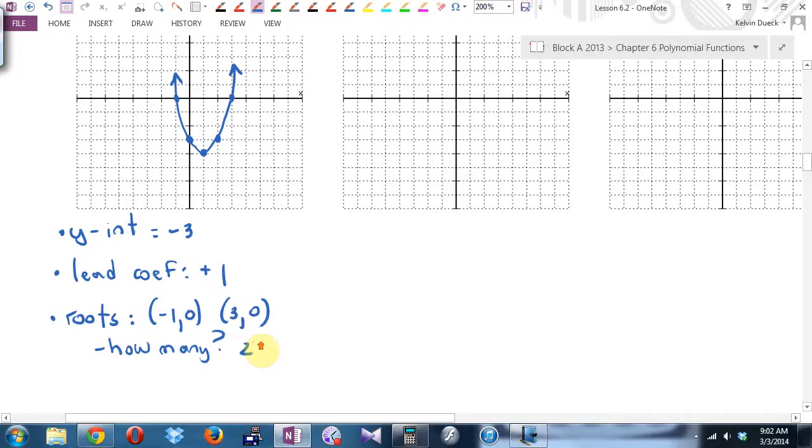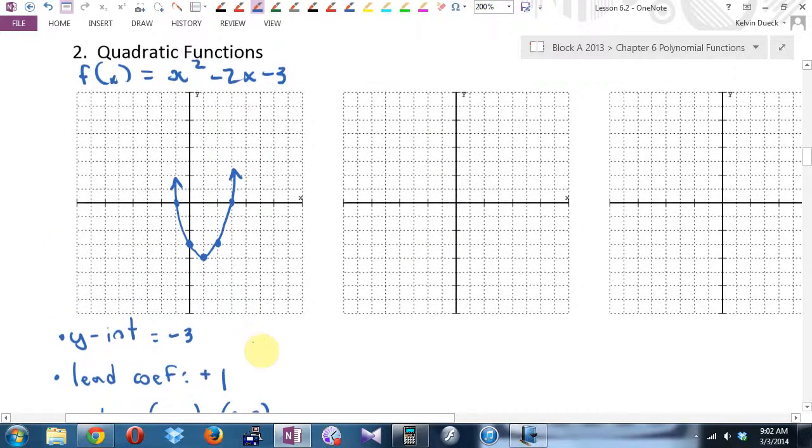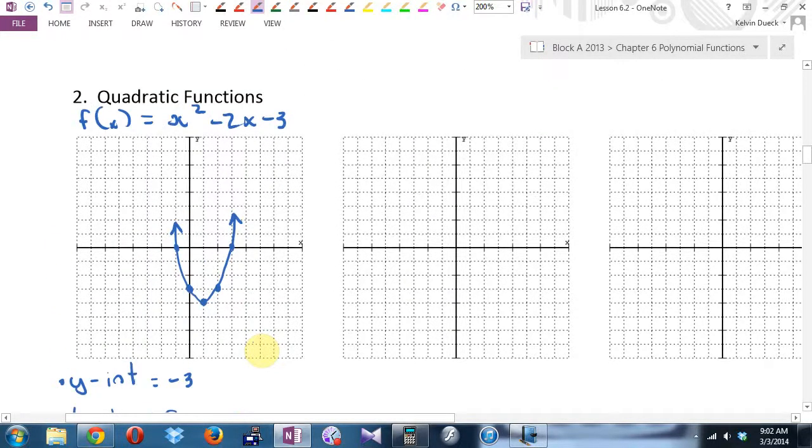By the way, we're going to go to this middle graph for a second. How many different roots can I have? So I'm going to write here number of roots for a quadratic. Well, clearly I can have 2 roots. There's an example of a quadratic with 2 roots.